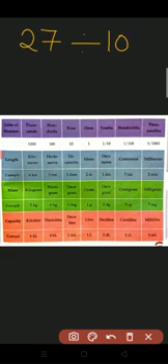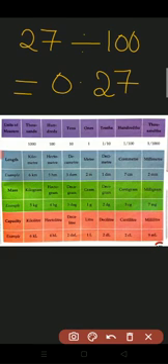See here, I will give an example. 27 divided by 100. So it will come 0.27. These conversions we have already learned in the fractions and decimals chapter, how to convert fractions into decimals and decimals into fractions. It's very easy, but we should remember these points also while converting units here.